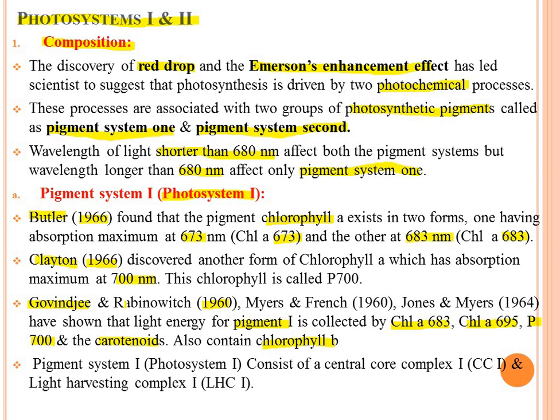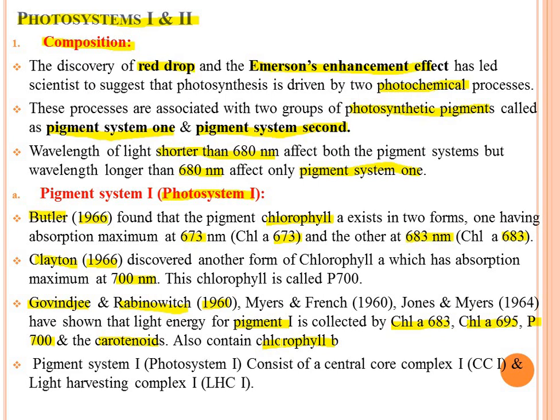Means according to both of them, there are three forms of chlorophyll present in photosystem 1. Then carotenoids are also present, and chlorophyll B is also present. Means according to different scientists, there are different forms of chlorophyll, carotenoids and chlorophyll B present in photosystem 1.